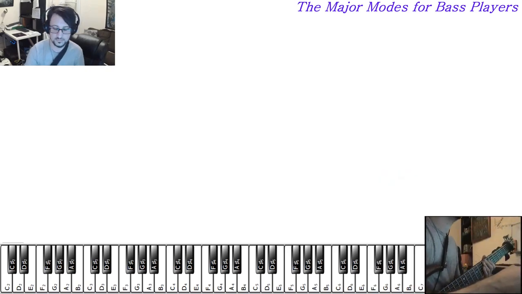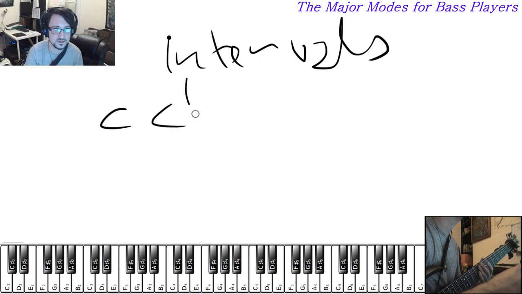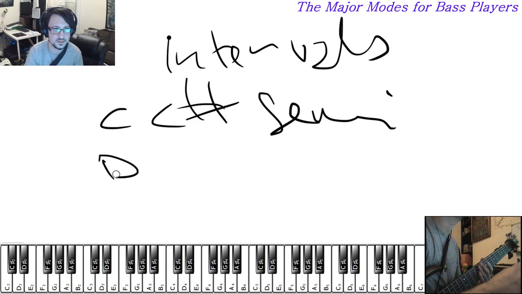So, just a quick list before we go into the main body of the video of what we're going to go through. We've already done what is a mode, and now we're going to look first at the intervals. So, the distance between, say for example, C and C sharp, that's a semitone, and C and D is a tone.